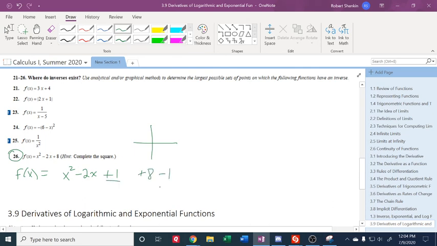See this plus 1 and minus 1, I insert it in there. They'll undo each other, but it'll cause this to become a perfect square. Now, we can see that the vertex of this parabola is 1, 7.